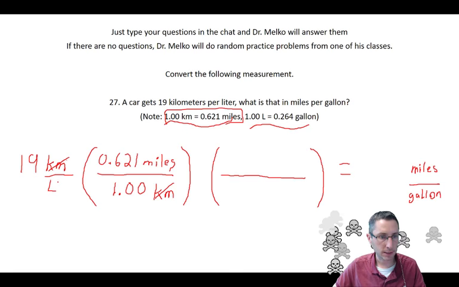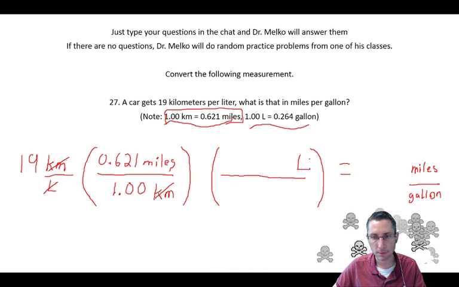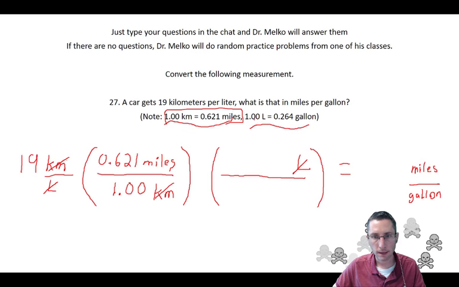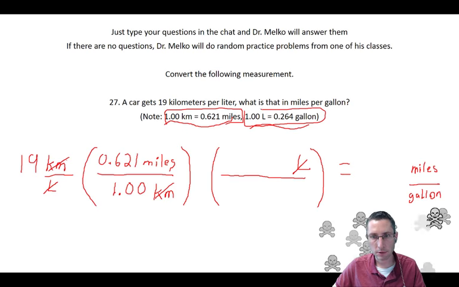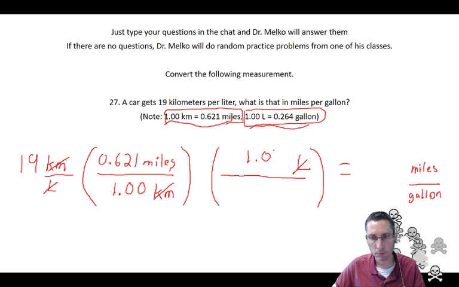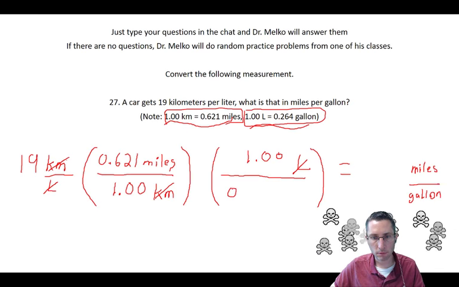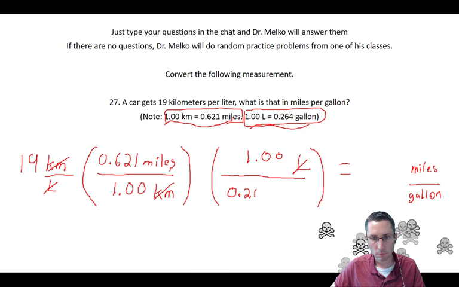So clearly next I'm going to have to get rid of liters. Liters is in the bottom half here, so the second set of parentheses better have liters in the top so that it'll cancel. We need liters divided by liters. What unit factor do I have? This second one involves liters, and that's 1.00 liters in 0.264 gallons.